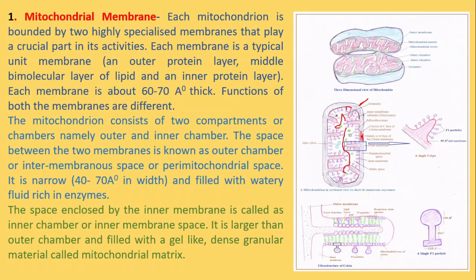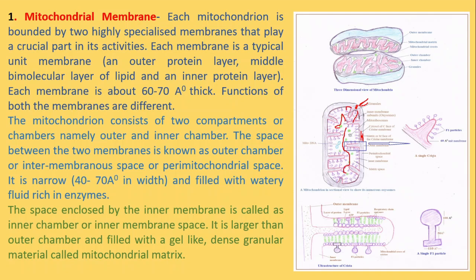And what does it contain? It contains gel-like dense granular matrix, known as the mitochondrial matrix. So you must have understood: this is the outer membrane, this is the inner membrane. The part between two membranes is known as the outer chamber, and the part enclosed by the inner membrane is known as the inner chamber, or inner membrane space.